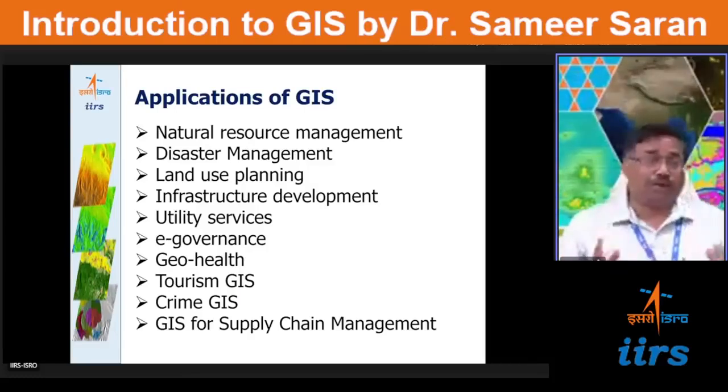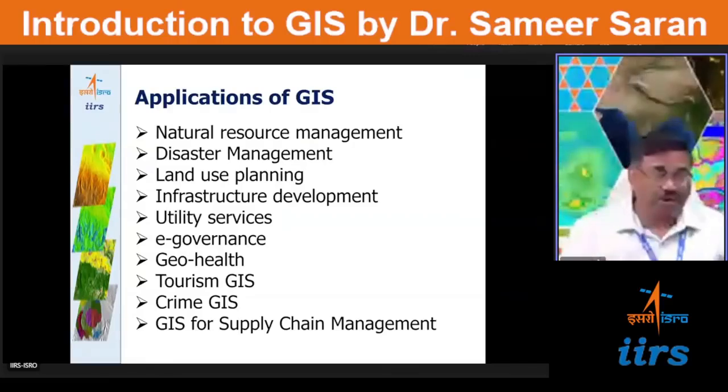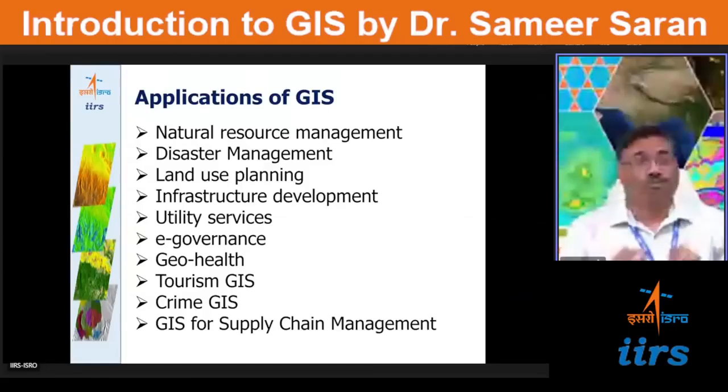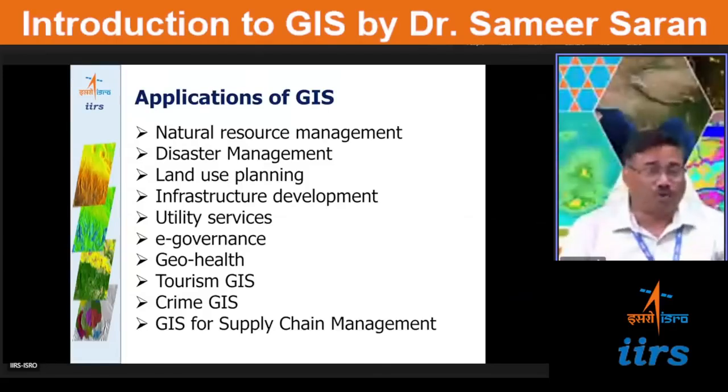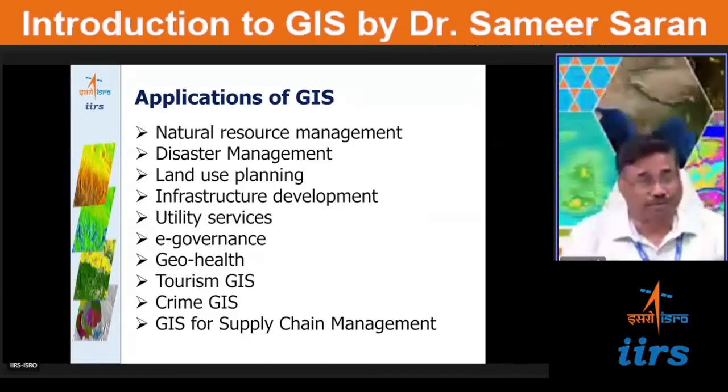Public health or geo-health is an important area, because now most of the organizations are trying to study how health as well as GIS technology can contribute to each other. Because if there is a convergence between these two, epidemiology as well as GIS, it can really provide those hidden information which people are looking for. So geo-health is an important area where people can really work and provide some important information.